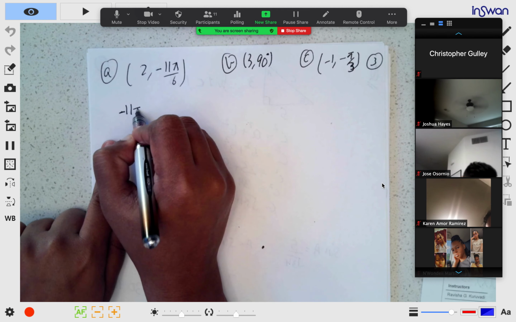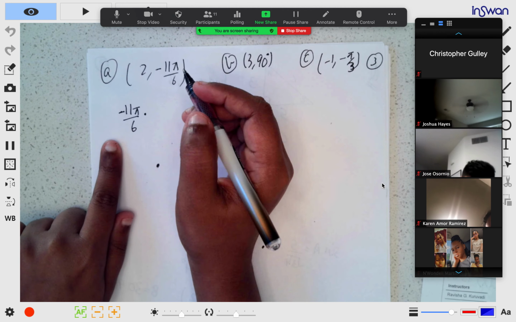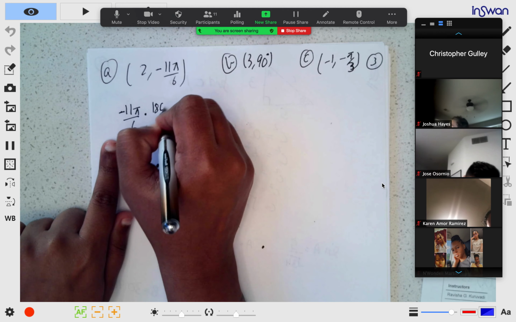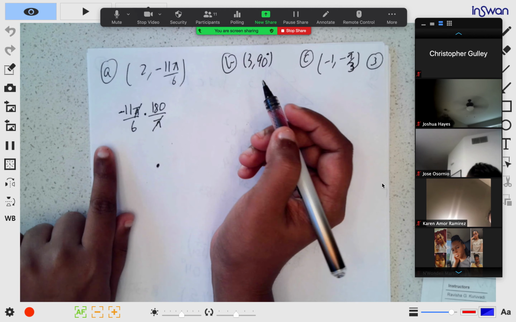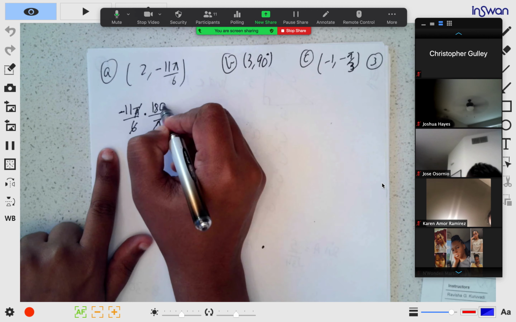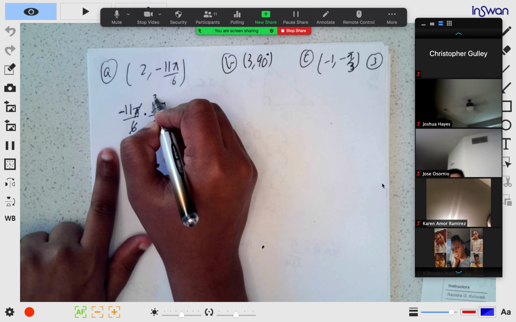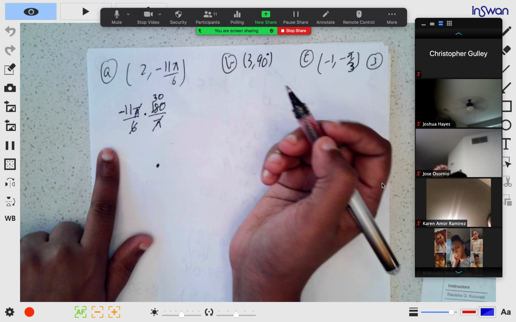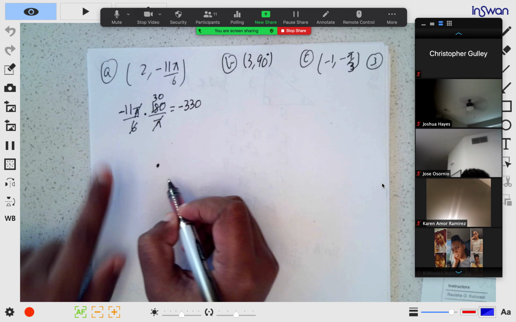Multiply with 180 over pi. This pi and pi get cancelled. 6 times 3 is 30, right? So you get negative 330. Yes.